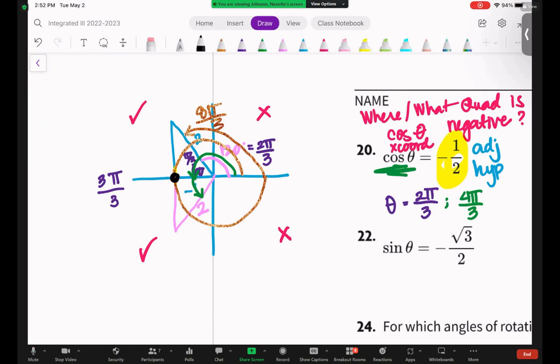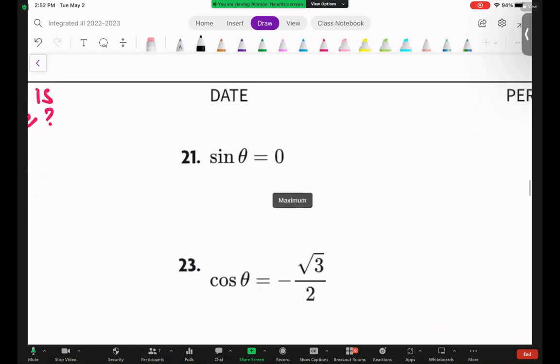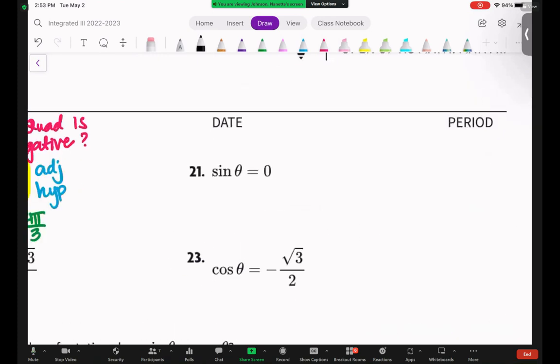Yeah. Okay, next one. This one's a little bit different because it's a 0. Okay, obviously not a triangle. So the very first thing that I want to do is I want to graph this. This says my y is 0. So where is y 0? Remember, sine is similar to your y coordinate.